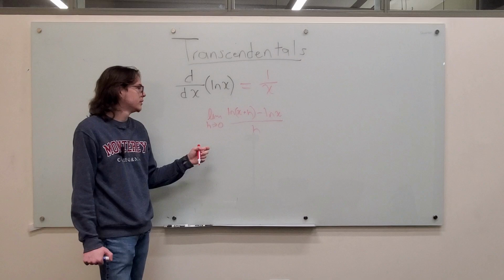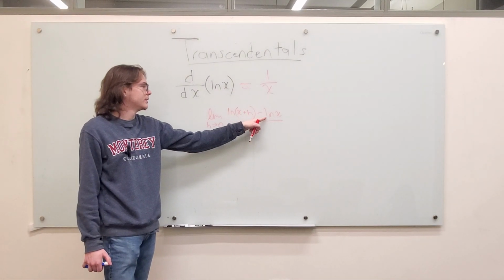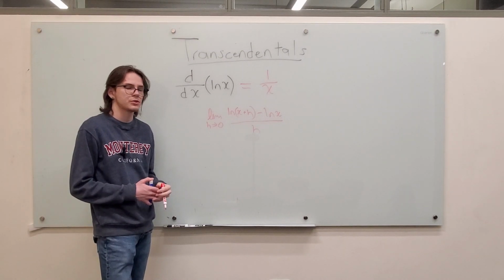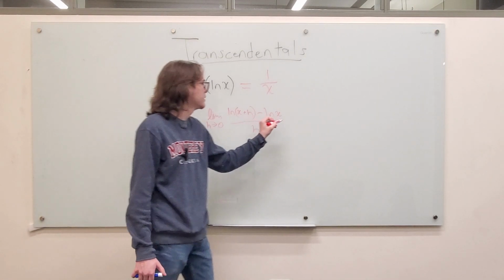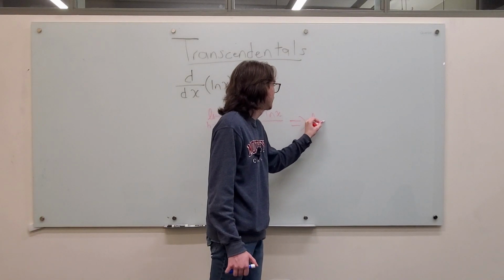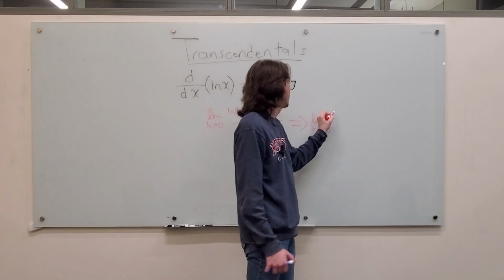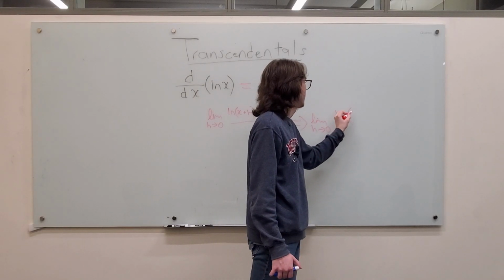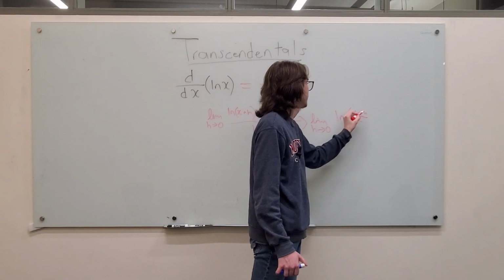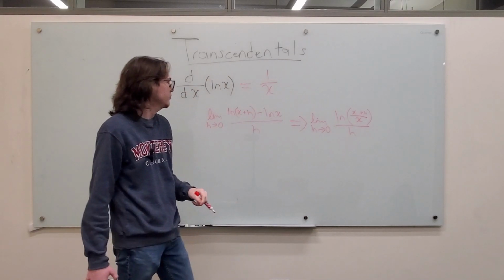Now looking at this, we can recall from our algebra class that this is simply a difference of logarithms, so we can further simplify this to give us the limit as h goes to 0 of the natural log of x plus h all over x, all over h.